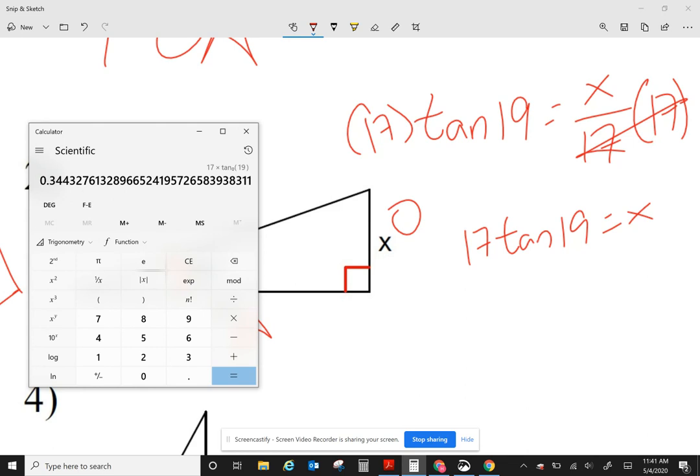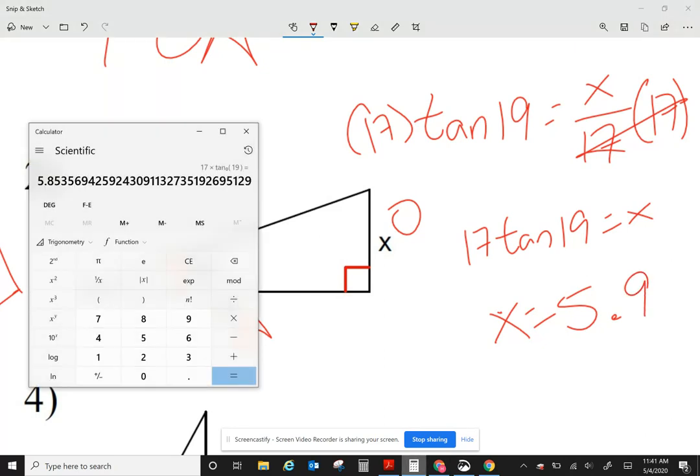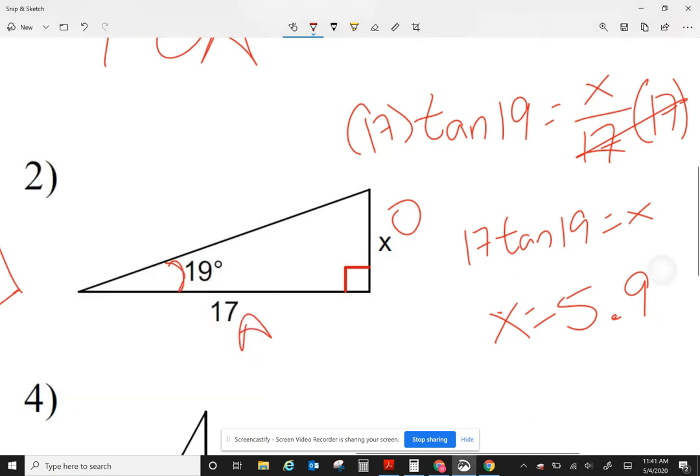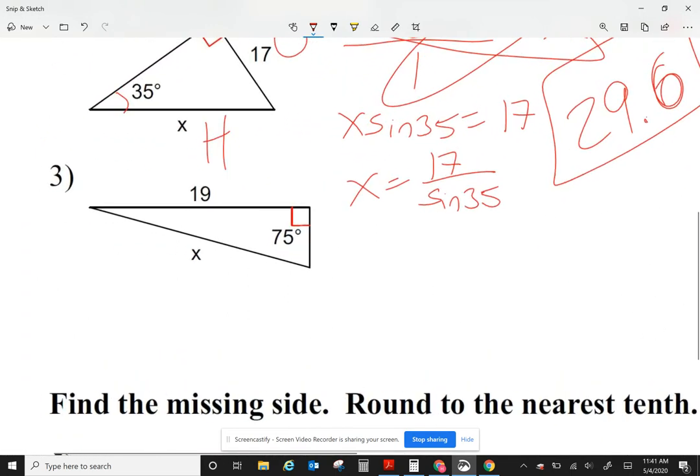I'm interested in 17 times tangent of 19, so I'm going to press the equal sign. Don't forget the equal sign. It gives me 5.85. Rounded to one decimal place, x is equal to 5.9. That 5 is big enough, so it pushes the 8 to a 9. Whenever you type it, you don't have to type in x equals. Just type in 5.9. All right, let's move on to question number 3.